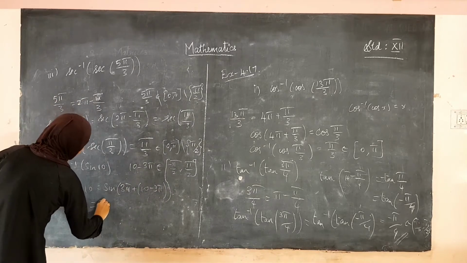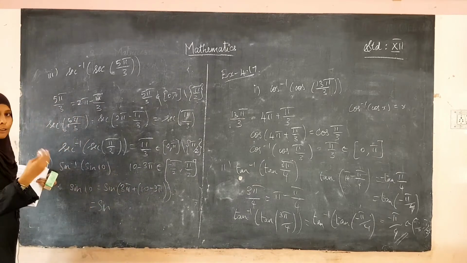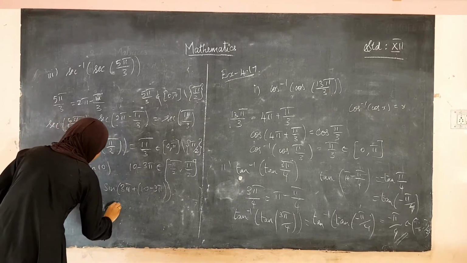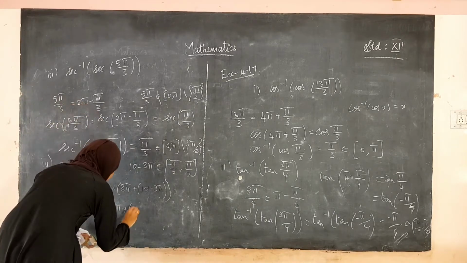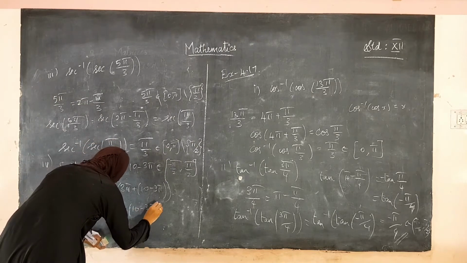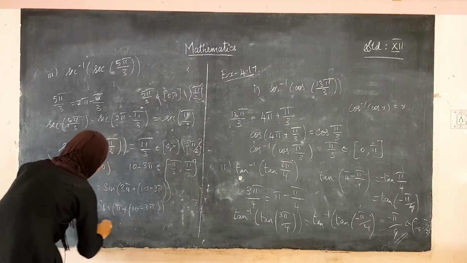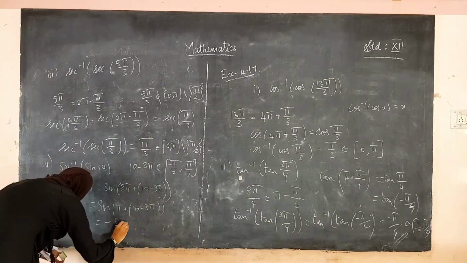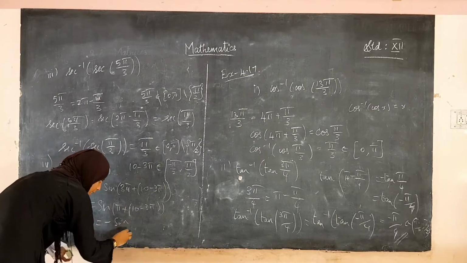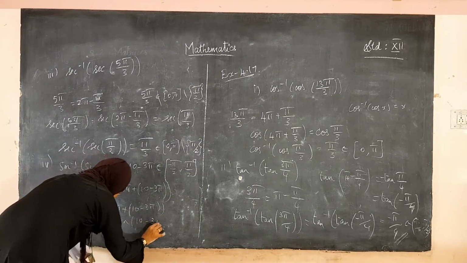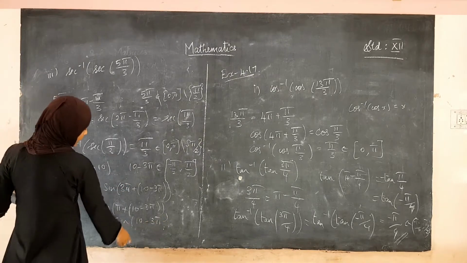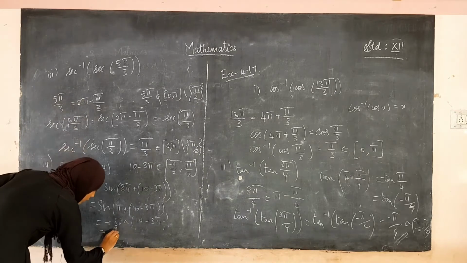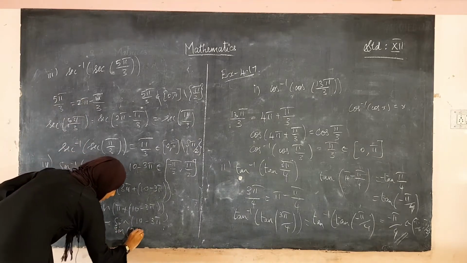Sine of 3 pi plus something is also equal to sine of pi plus something. Therefore, pi plus 10 minus 3 pi. So this can be written as minus sine of 10 minus 3 pi. See here, bringing this minus this side, this will be equal to sine of 3 pi minus 10.